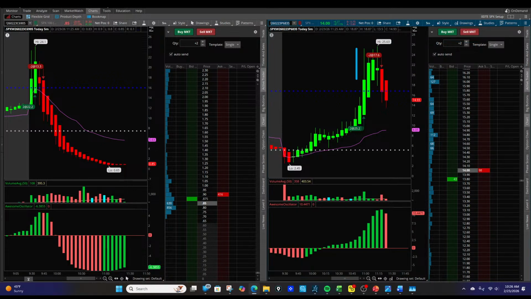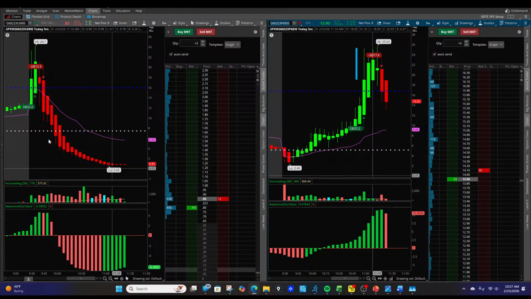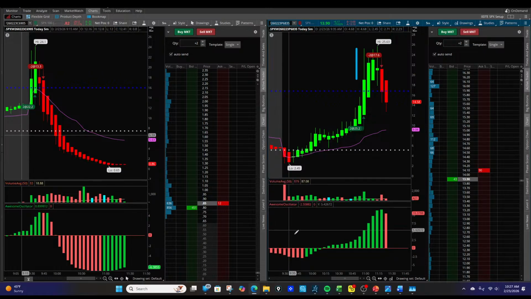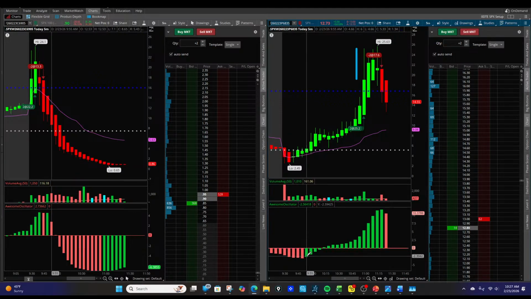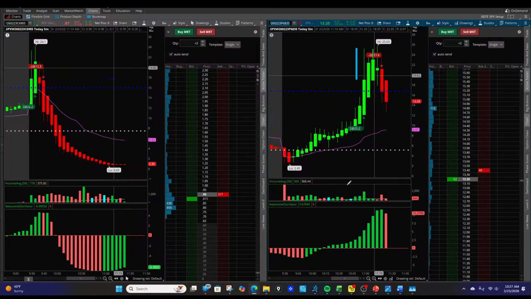A lot of things depend on news and what's happening with the financial sector. So I would have been fine if I had just waited for that green bar right there in AO. Could have ridden that all the way up to the top.